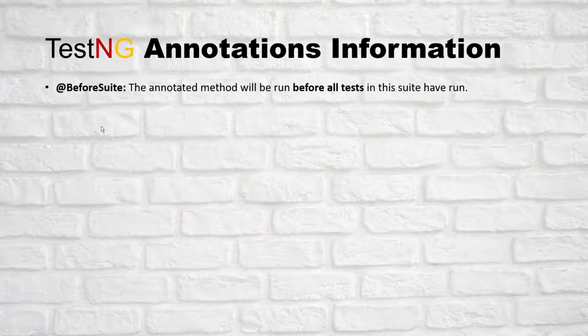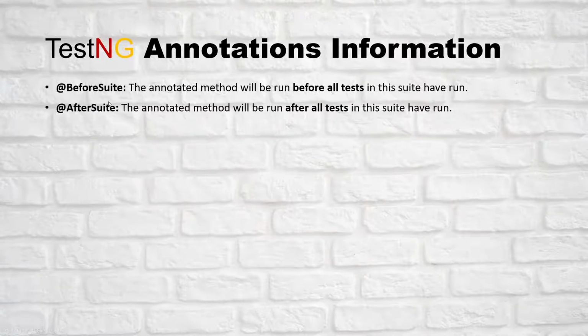Similarly, we have after suite. The annotated method will be run after all tests in this suite have run. So for example, once you have executed all the regression tests and there is one test to be performed at the end of the suite, you want that particular method to be executed at the end of the regression suite.